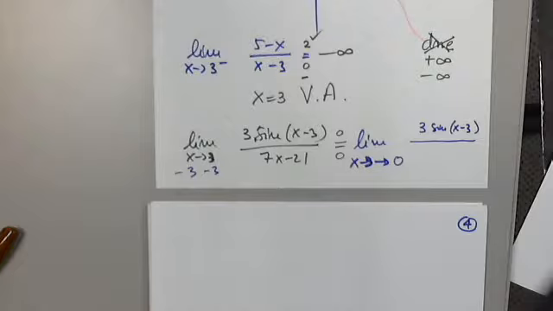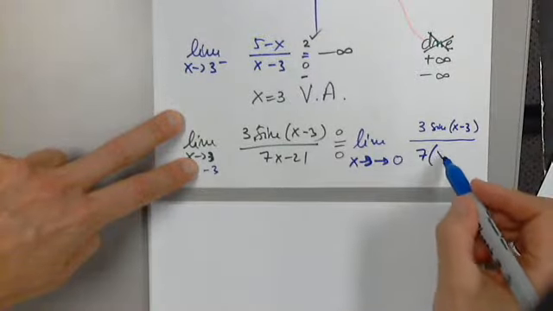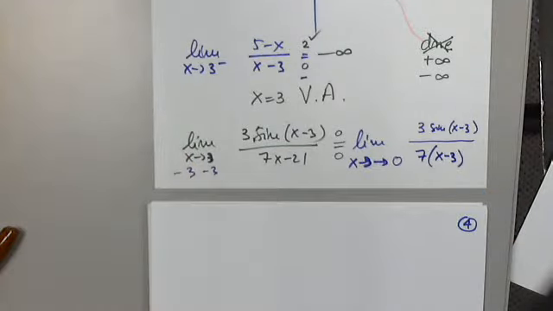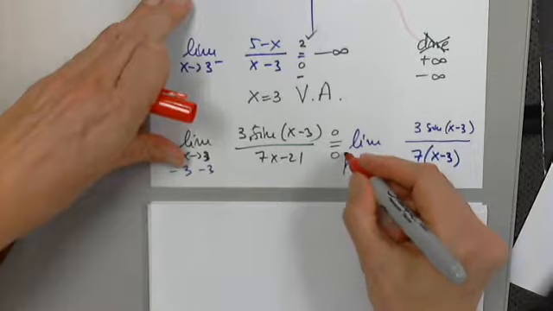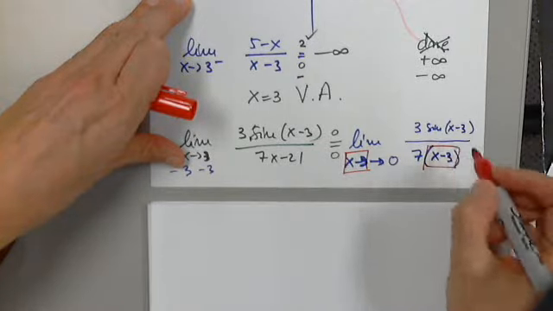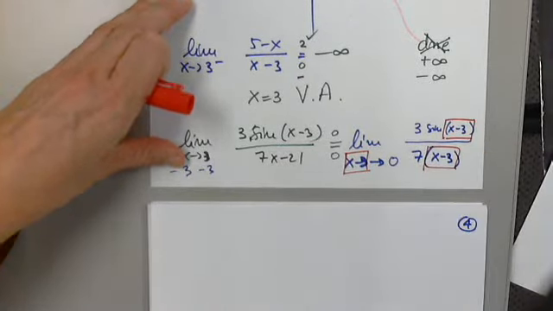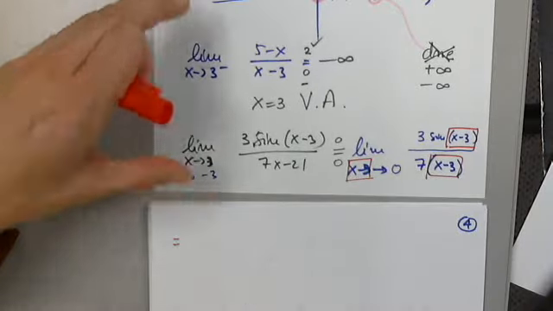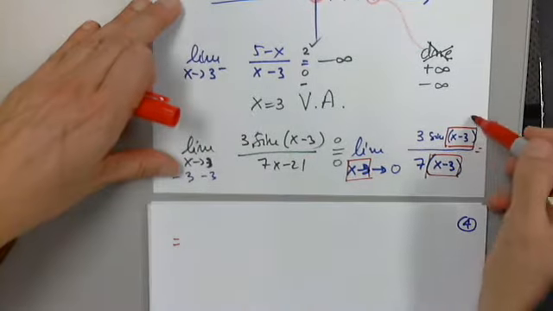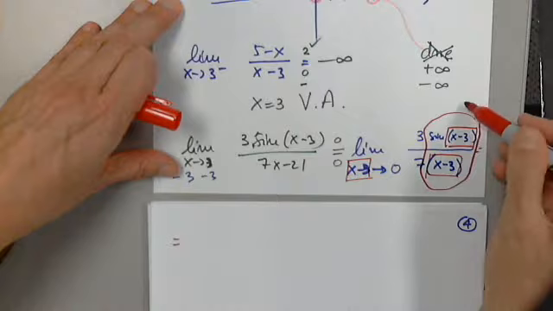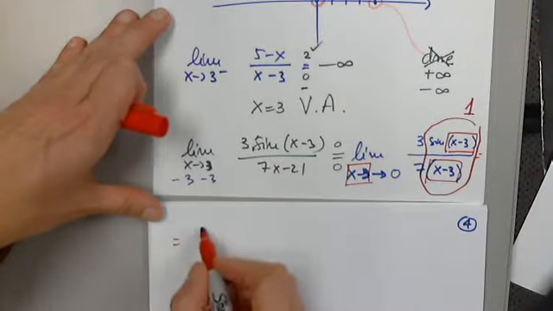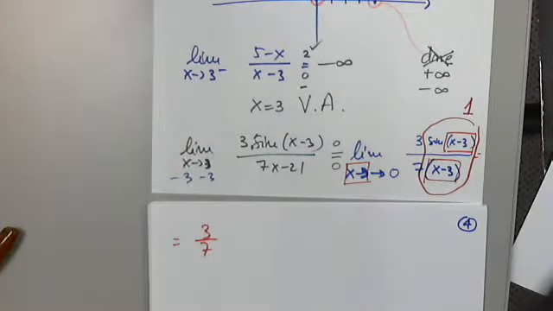And what do I do in the denominator? I pull out a 7, and I have x minus 3. Awesome. Now, because this quantity and this quantity are all the same, what will the answer be for this? 1. So 3 over 7? 3 over 7 multiplied by 1 is 3 over 7.